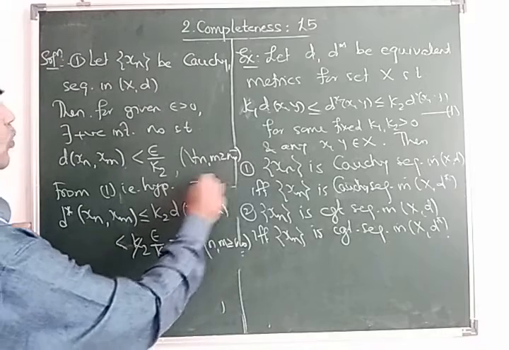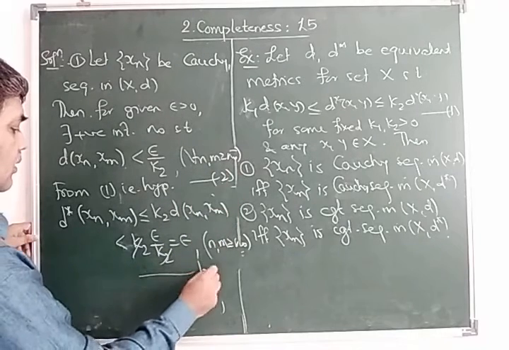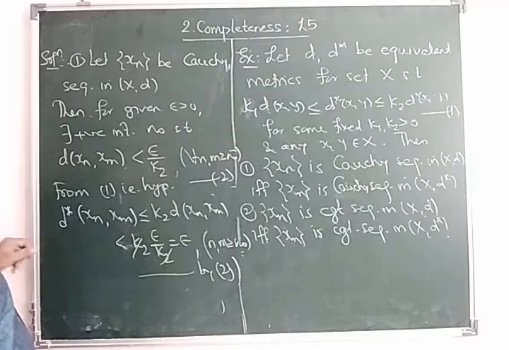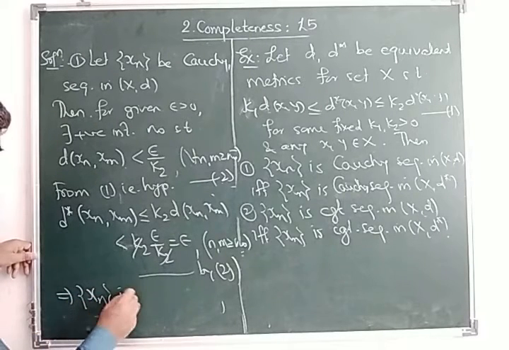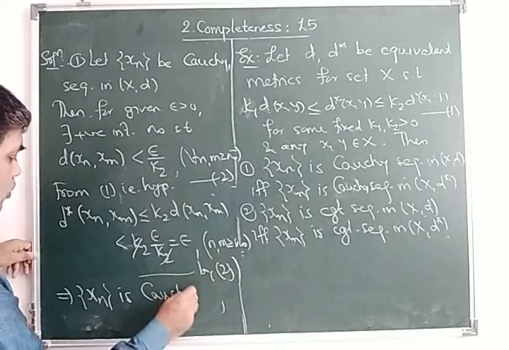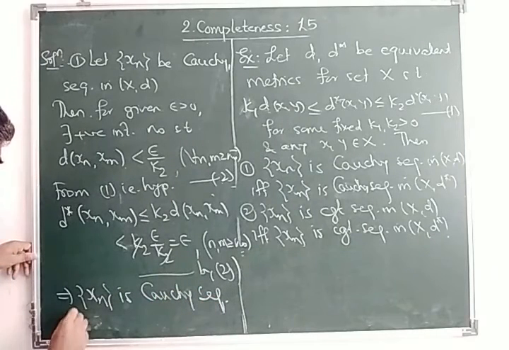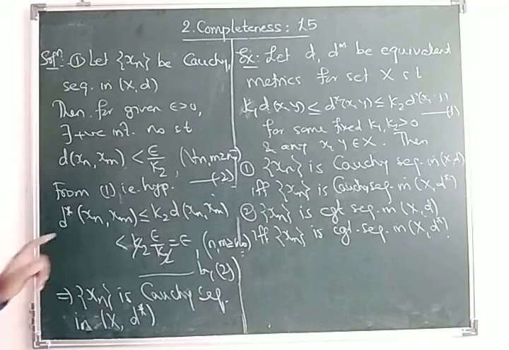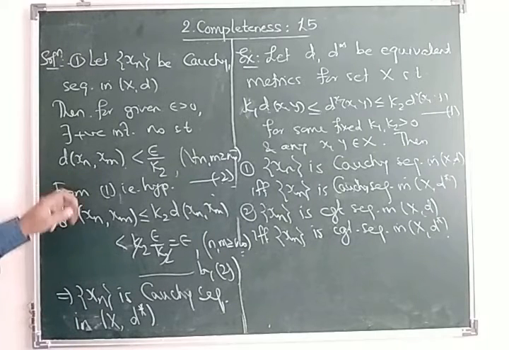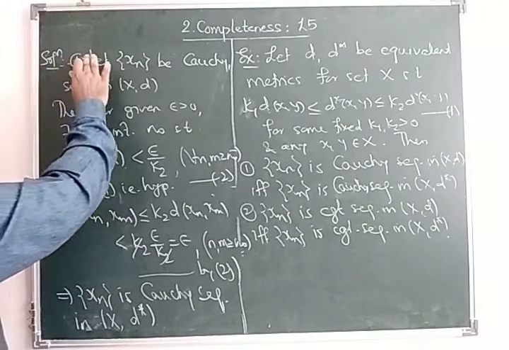Okay, by 2, this implies xn is Cauchy sequence in Xd star. On the same line, we can prove its reverse part.